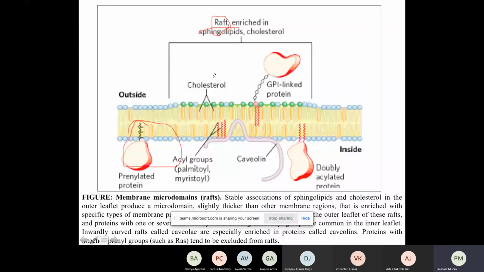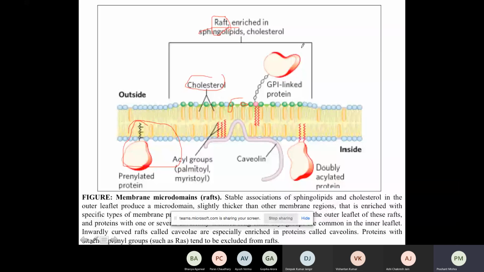But other than that, you have to have cholesterol and you have to have some of the sphingolipid, the green one, for example, here, should be present to make them a microdomain. So two conditions. Number one, it should have high concentration of sphingolipid and cholesterol, and the protein may or may not be attached here. So protein attachment is found in such areas.